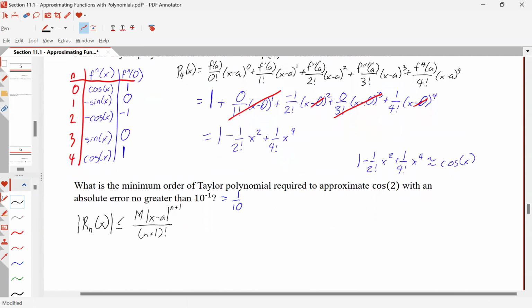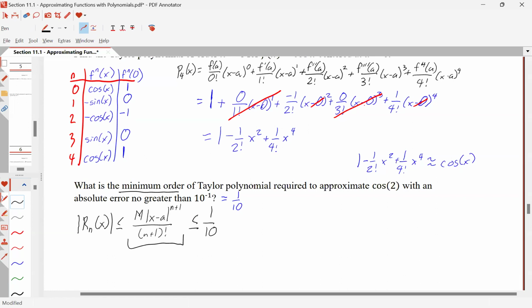Note, for this problem, we're not asked to use the polynomial above. We're asked what is the minimum order Taylor polynomial, meaning we want to find n. So we are trying to fill in as many pieces of this as possible and solve for when it is less than or equal to 1/10.